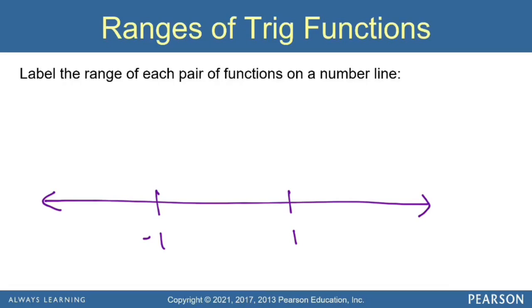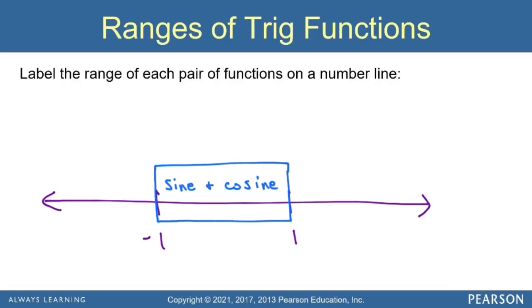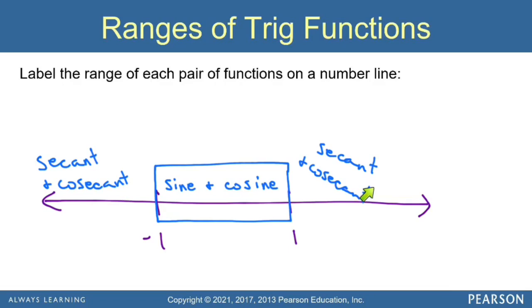So we know that for the sine function and the cosine function, they both have to exist between -1 and +1, and they can't go beyond those boundaries. On the other hand, secant and cosecant can't come inside the box. They can either exist to the left of -1 or to the right of +1, but they can't be inside the box. And of course, all four of these can be equal to -1 or equal to +1.